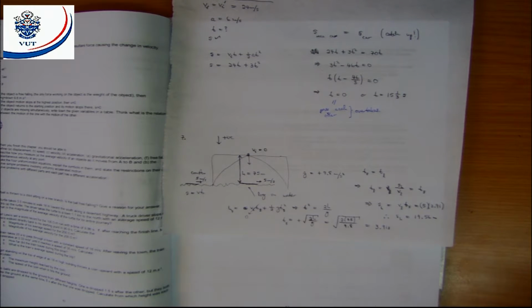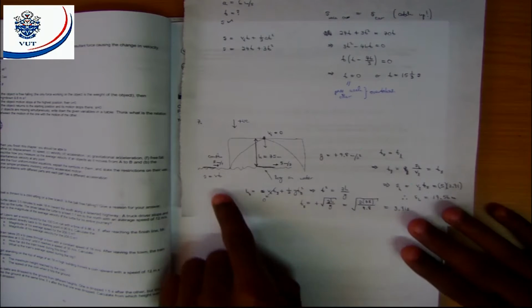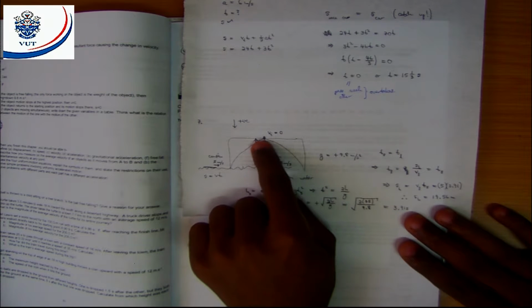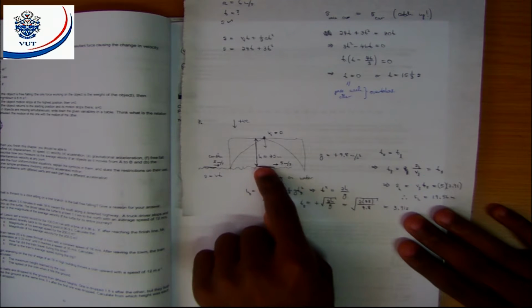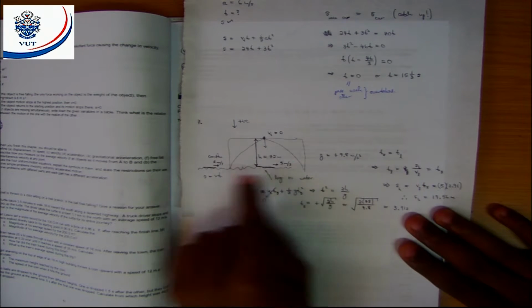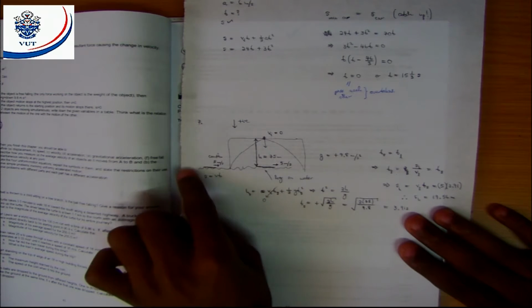What we have is a bridge, and there's someone here at the bridge, and they drop a stone, and the height of the bridge is 75 meters. If they drop the stone, then we know that the initial speed for the stone is 0, and we have a log at the same time which is traveling through.